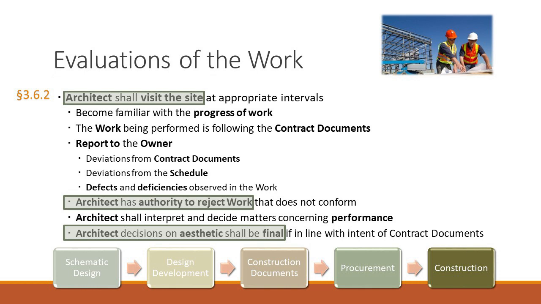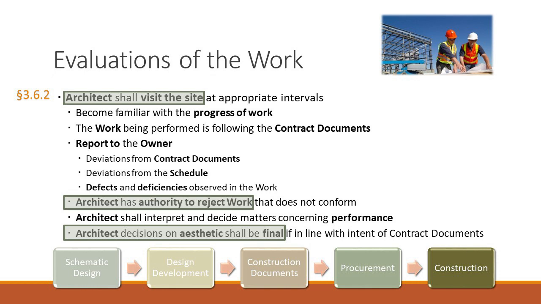The architect shall interpret and decide matters concerning performance under and requirements of the contract documents on written request of either the owner or contractor. The architect's response to such requests shall be made in writing within any time limits agreed upon or otherwise with reasonable promptness.